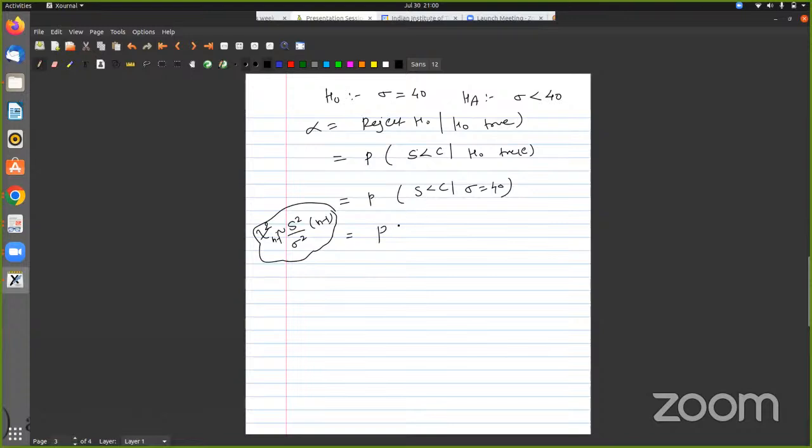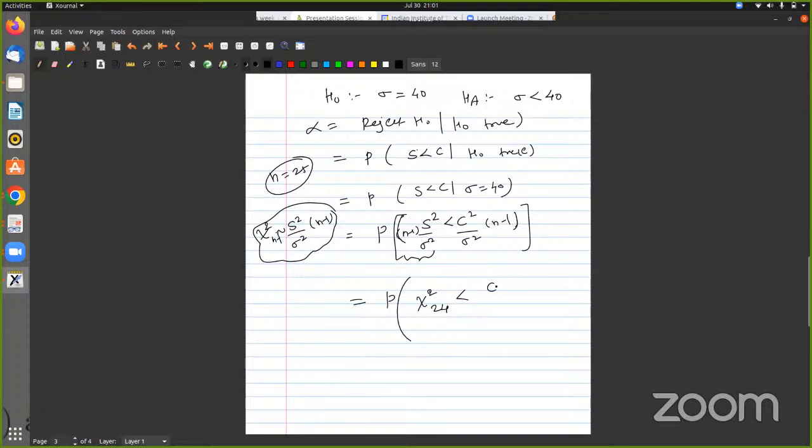I have to make this into that format. So how will I do this? I'll first make s square, c square, divided by sigma square, and multiply by n minus 1 on both sides. This is chi-square with n minus 1 degrees of freedom. Here n equal to 25, so 25 minus 1 is 24.